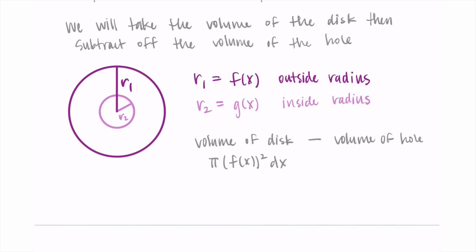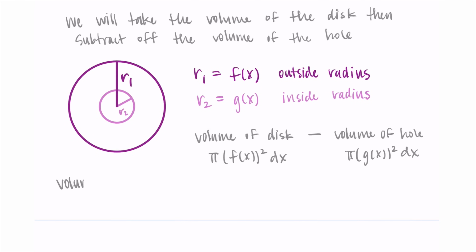This looks like our disk method. And then we're going to subtract off the inside disk, or the volume of the hole, and this is pi times the inside function squared times dx. So we've taken the full volume, subtracted off the hole in the middle to get rid of it, and so we're left with an equation for the volume of our washer.